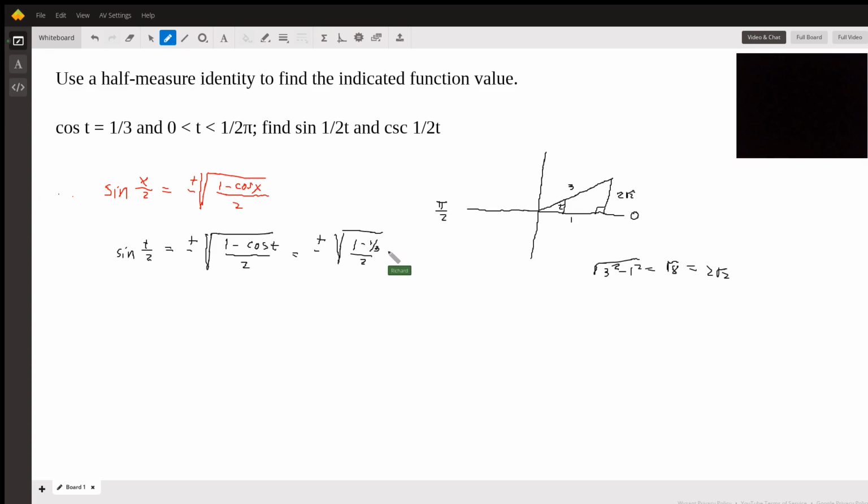Okay, so now we just have to simplify this radical here. So this is going to be 2/3 over 2. And let's just keep going here. Plus or minus the square root of 2 over 6. So it's going to be plus or minus the square root of 1/3.